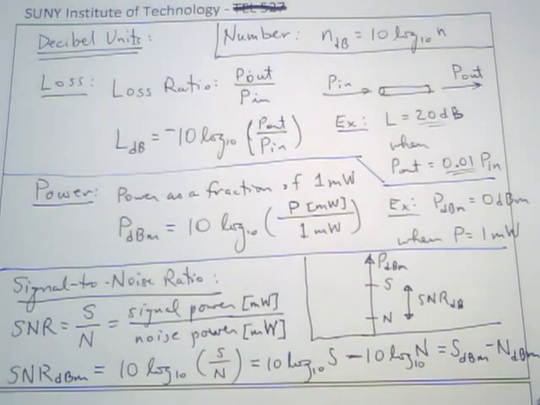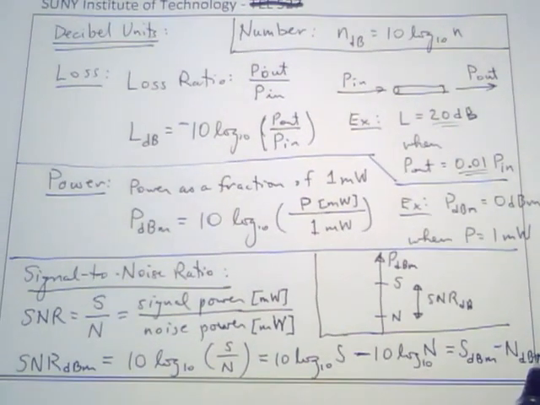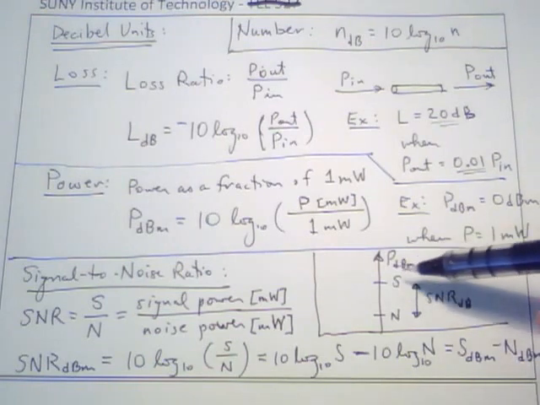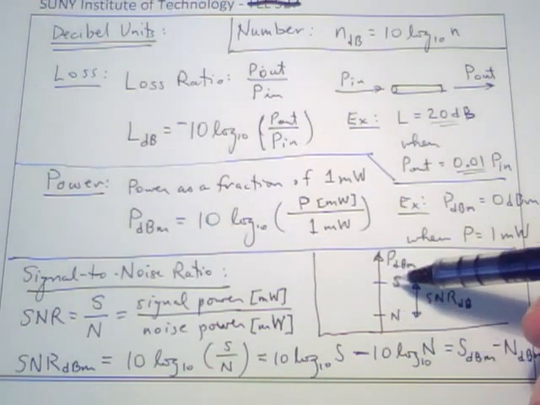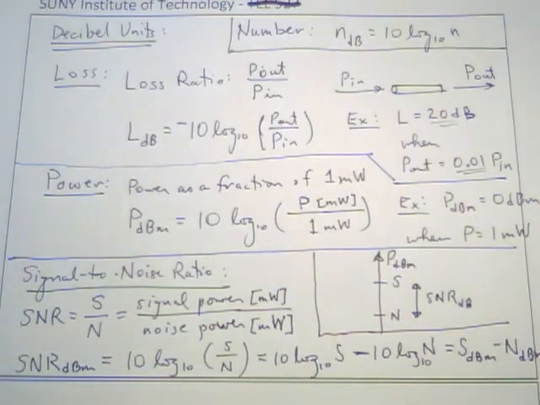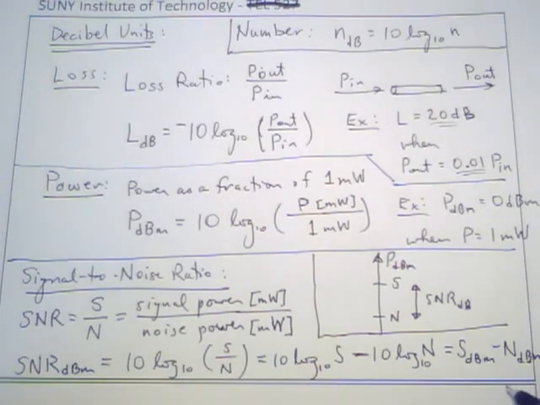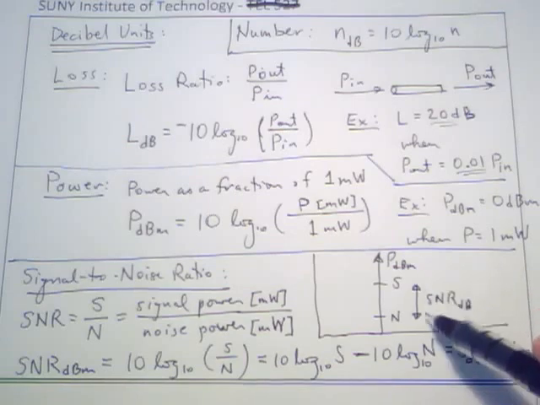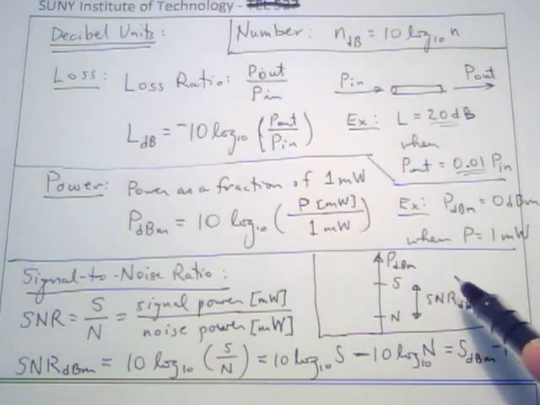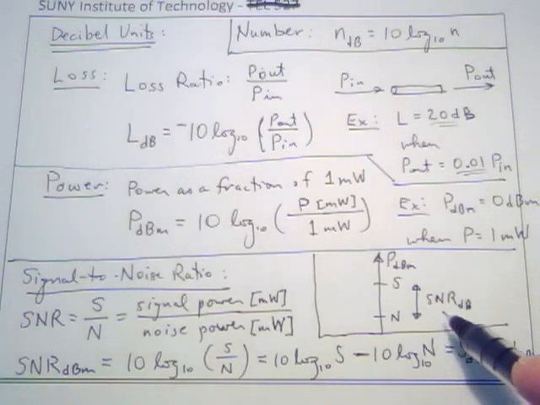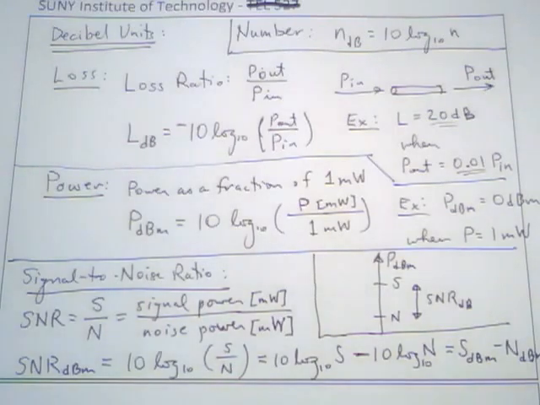Hope that helps. Just remember that all the loss budgeting problems are very easy. It's just up and down on a number line. Once everything's converted into dB and dBm units, loss budgeting problems are quite easy. Thanks.